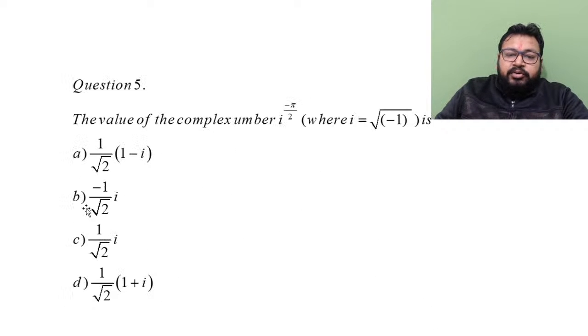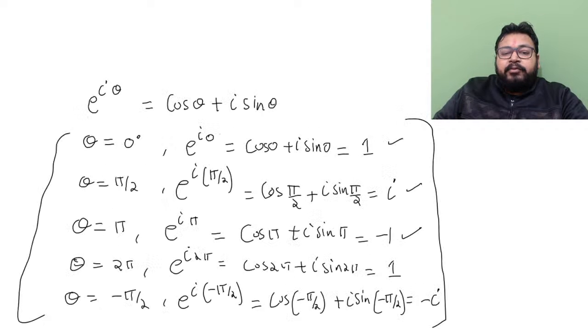Now what is your question? Your question is iota to the power minus pi by 2. So iota is there, and guys, whenever the iota is there, you can use this. If minus iota is there, you can take theta as minus pi by 2, and for the iota you can take theta as pi by 2.